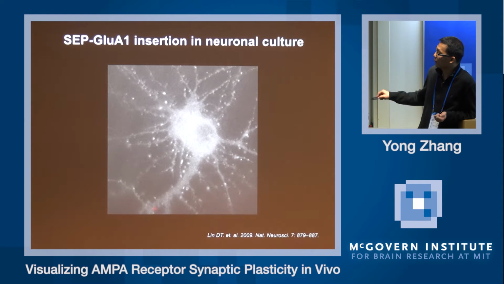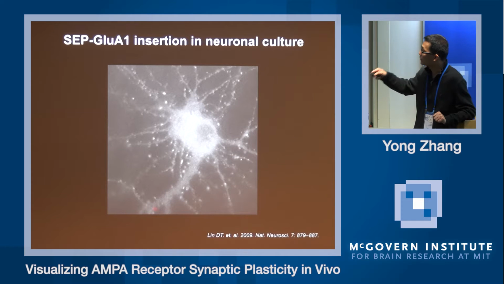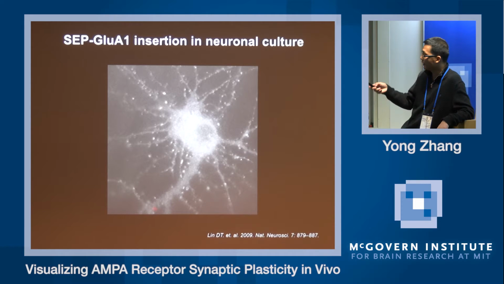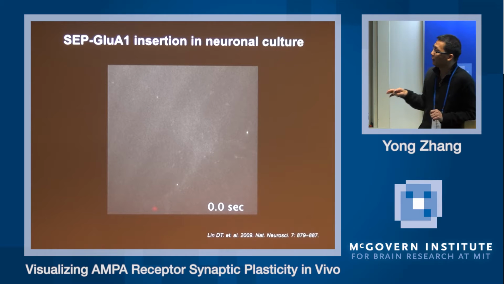Indeed, previous work from Rick's lab has used this tag to study AMPA receptor trafficking or membrane insertion in dissociated neuronal culture. As we can see here, here's the cell body of a hippocampal culture. What we do is we photobleach and eliminate all the fluorescence from the AMPA receptors on the membrane surface. Then we use TIRF microscopy to observe the insertion of AMPA receptors from the inside of the cell.